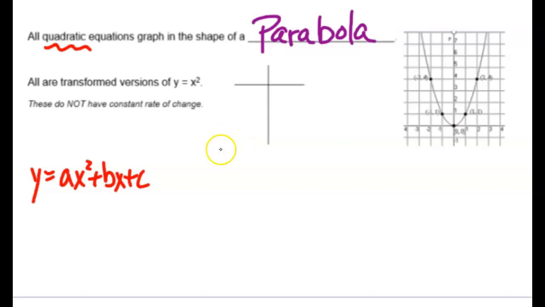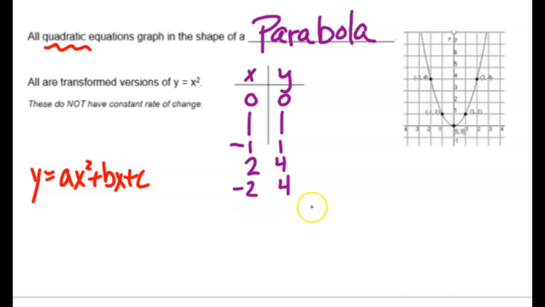All parabolas are transformed, stretched, shifted, or flipped versions of y equals x squared. So when you put in an x and a y, you're always squaring it. 0 squared is 0, 1 squared is 1, but negative 1 squared is also 1, 2 squared is 4, negative 2 squared is still positive 4, 3 would be 9.